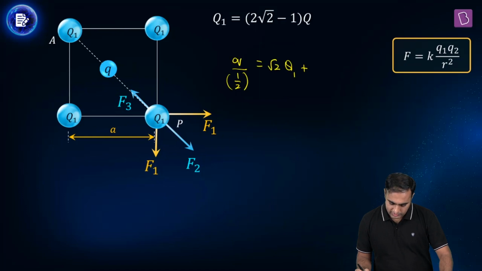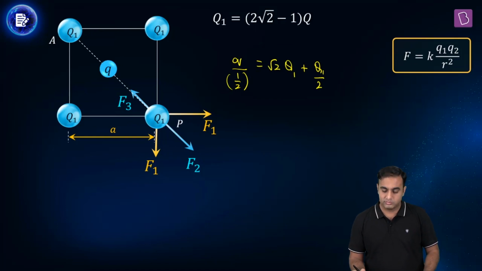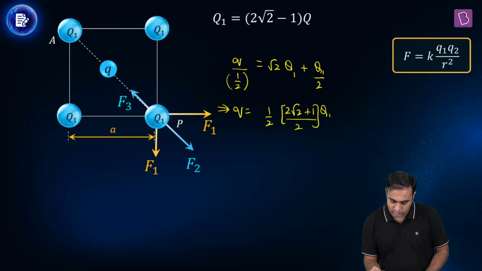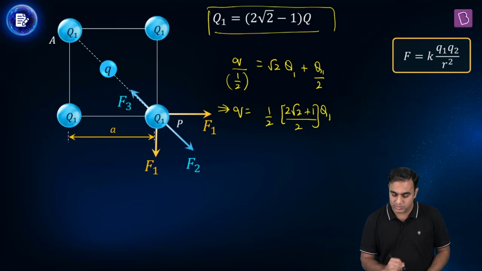Q1 divided by 2. Let's simplify this. You get Q is equal to 1 by 2 into 2 root 2 plus 1 divided by 2 into Q1. But we already know the Q1 value. How much is it? 2 root 2 minus 1 into Q. Let's substitute that.